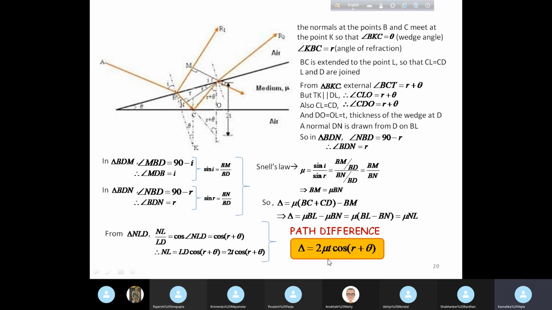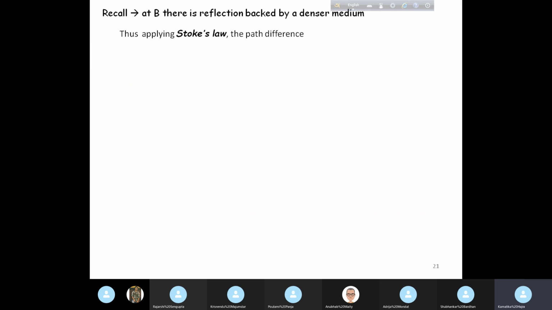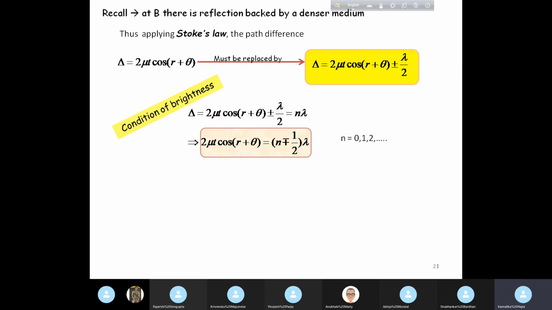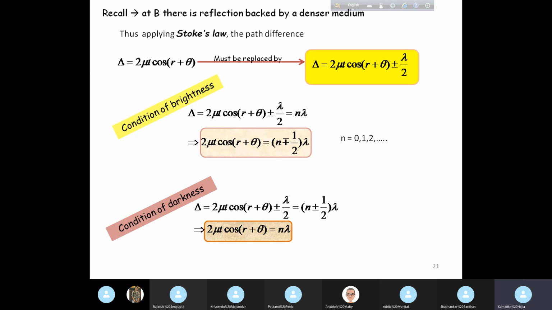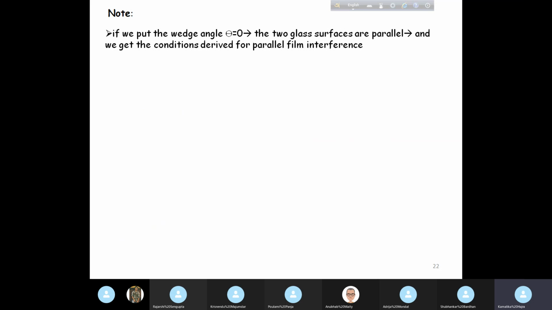Depending on the value of t, the value of delta will change. Applying Stokes law, we have the extra path difference of lambda by 2 either added or subtracted, and therefore the conditions of brightness and darkness are obtained as these, which are exercises we've already done previously. So you just need to know the expression.